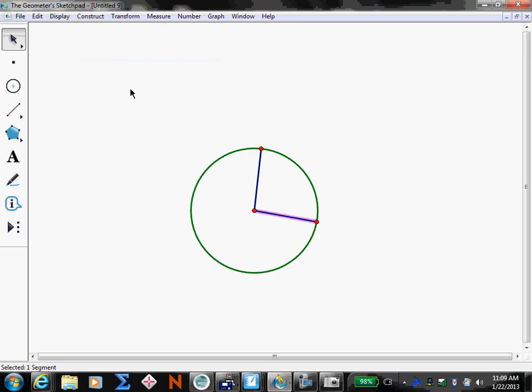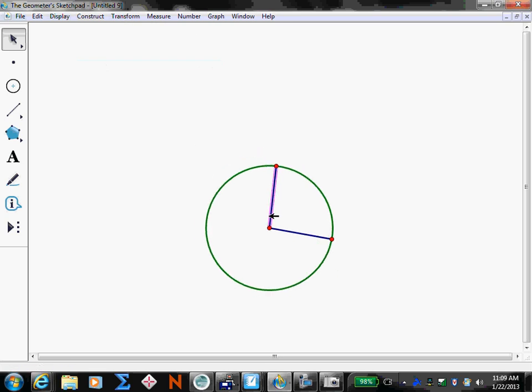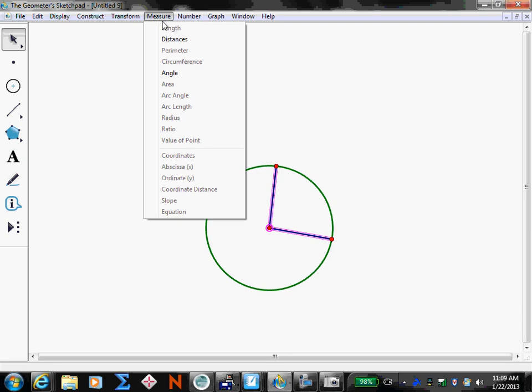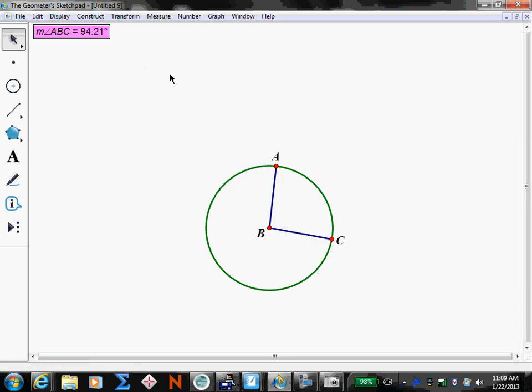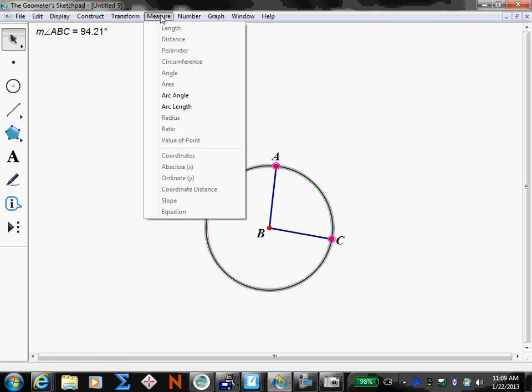I'm going to measure this angle. And then I'm going to measure the arc. So I'm going to highlight point A and C, and then highlight the circle in order to measure the arc angle.